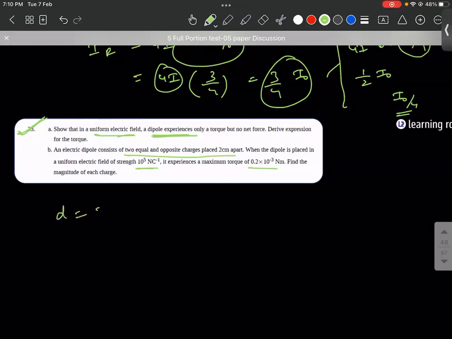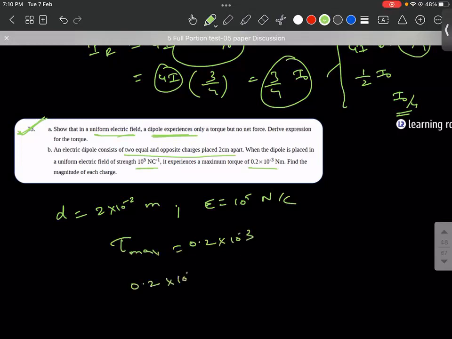So d is equal to 2 into 10 power minus 2 meter. E is equal to 10 power 5 Newton per Coulomb. Torque maximum is equal to 0.2 into 10 power minus 3. So 0.2 into 10 power minus 3 is equal to Q into 2 into 10 power minus 2 into E, that is 10 power 5, into sine 90. So 2 will cancel, this is 0.1 times.